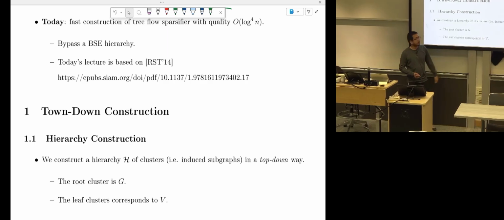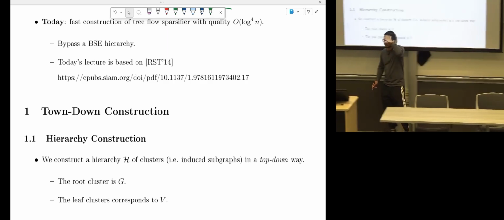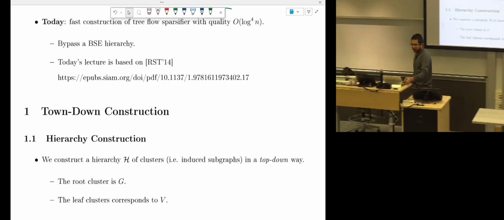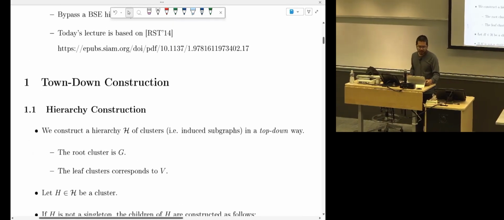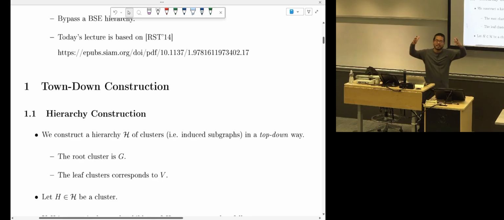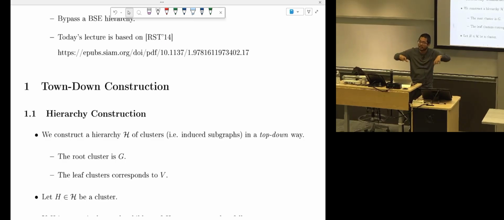And we're gonna construct all this in a top-down way, meaning that I'm going to start with some cluster and try to define what should be its children clusters.